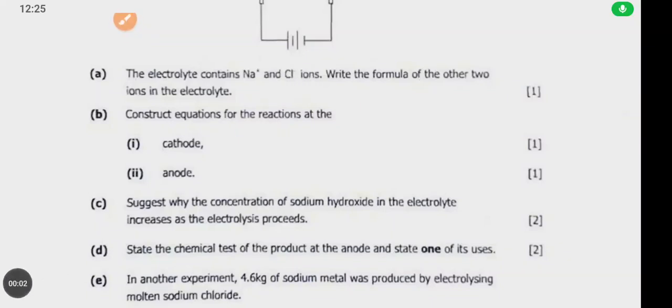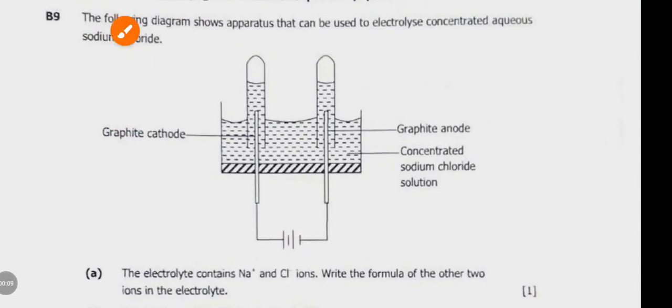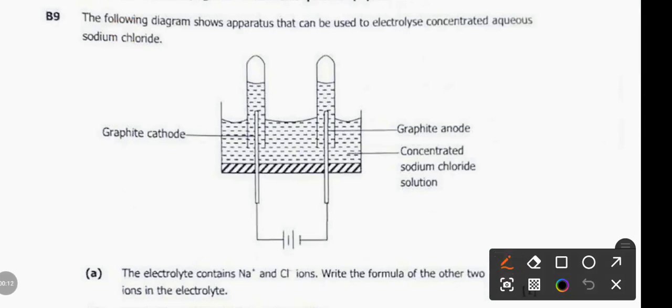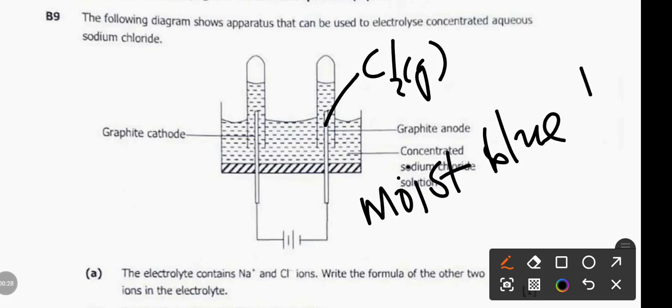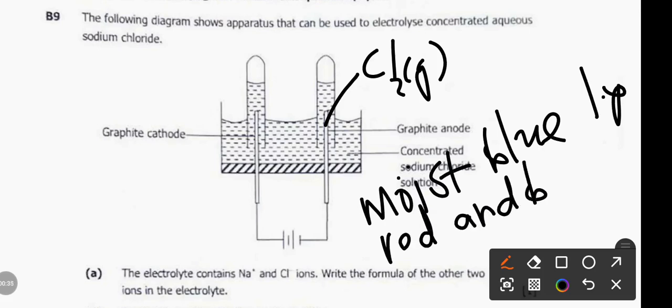Question D. State the chemical test of the product at the anode and state one of its uses. Here we have already established that at the anode we have chlorine gas. The test for chlorine gas is that it turns moist blue litmus paper, let me just call it LP, red, and bleaches it.